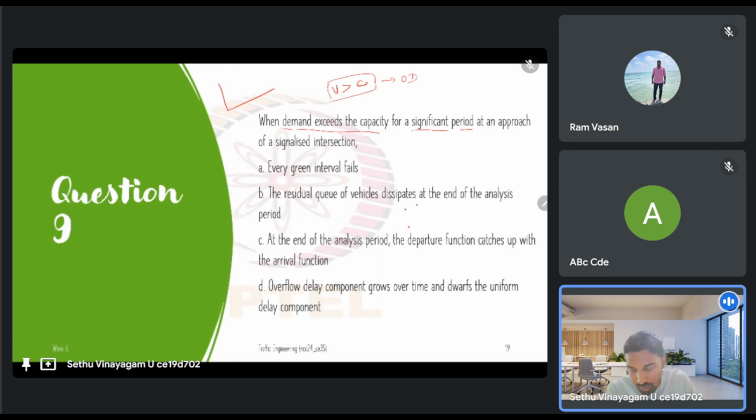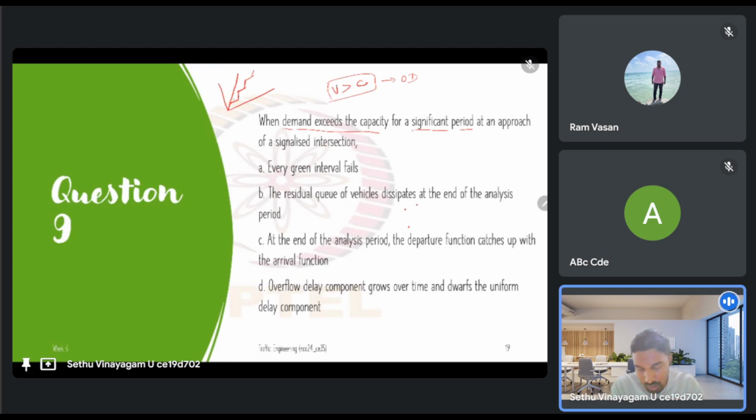Your demand is there, your capacity is lower, which means that your departure curve will not go back to your arrival curve. Because of the lower capacity, there will be spillbacks. On every cycle, the departure curve will keep diverging from your arrival curve.